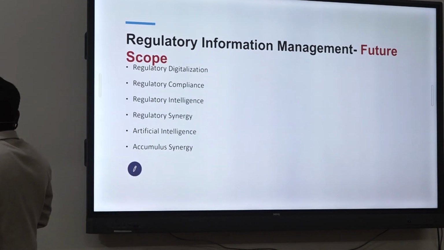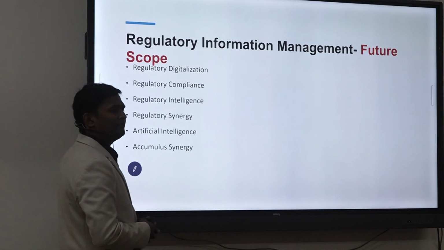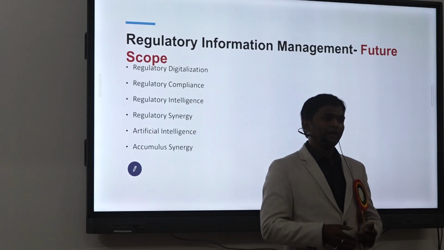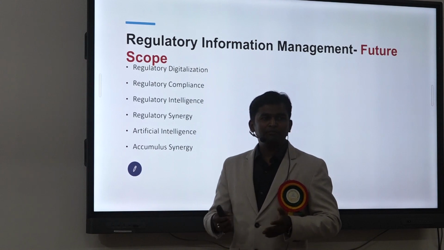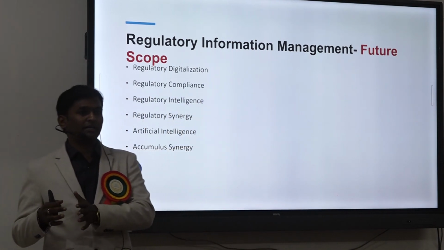Then regulatory synergy. Earlier we had different systems in place in the regulatory information management world: for publishing a different system, for document management a different system, for regulatory activity tracking a different system.